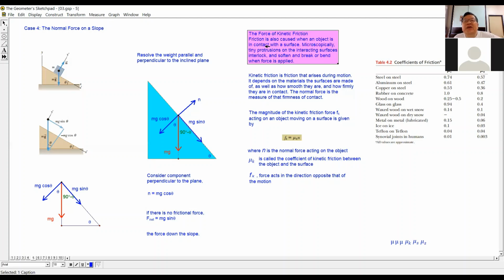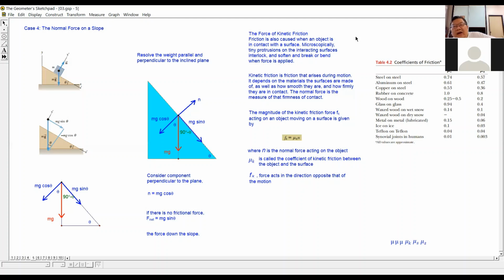Please read this from your textbook. The force of kinetic friction is also caused when an object is in contact with a surface. Microscopically, tiny protrusions on the interacting surfaces interlock, and soften and break or bend when force is applied. Kinetic friction is friction that arises during motion. It depends on the materials the surfaces are made of, as well as how smooth they are and how firmly they are in contact.